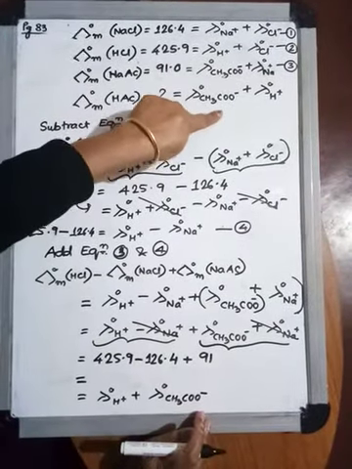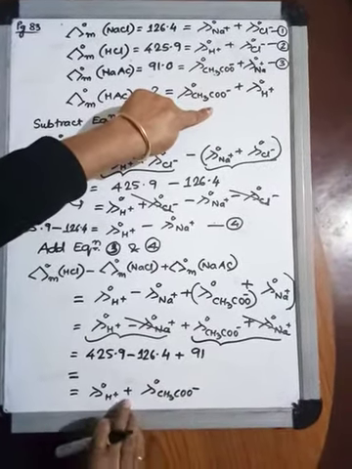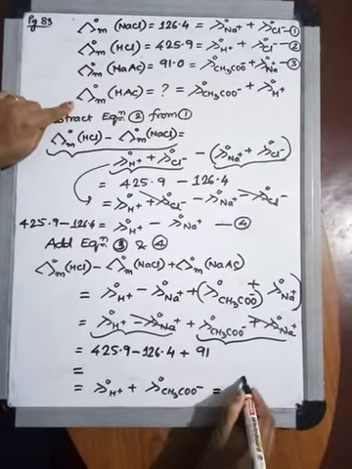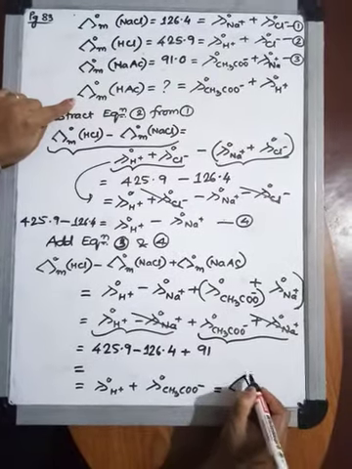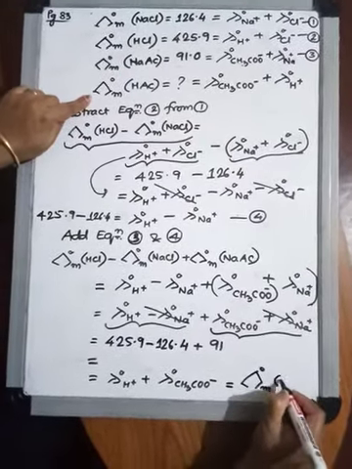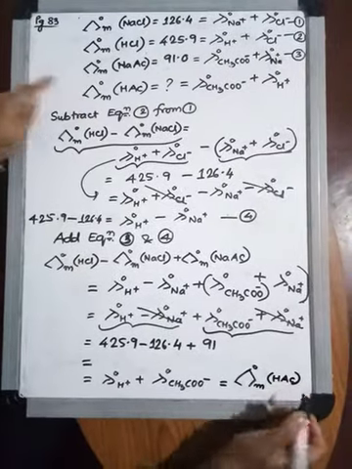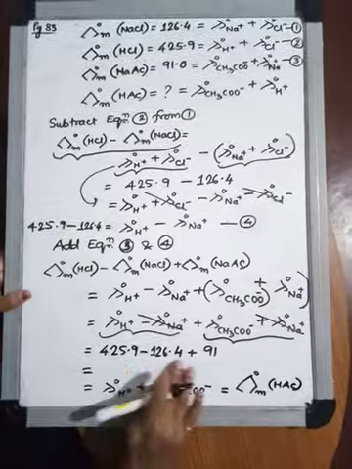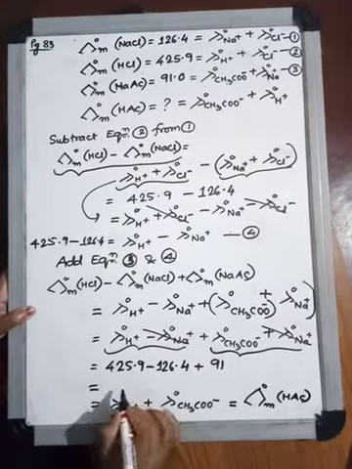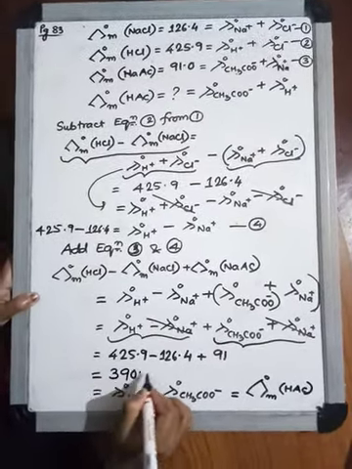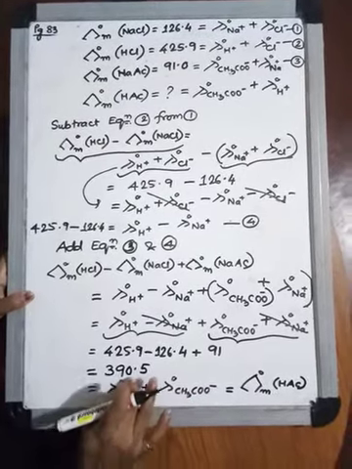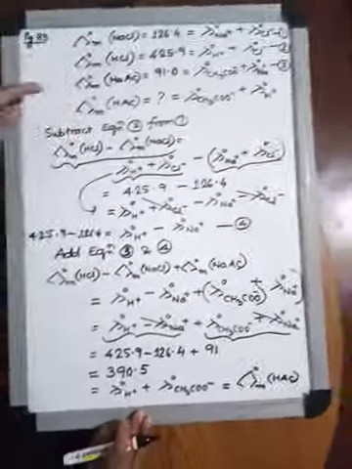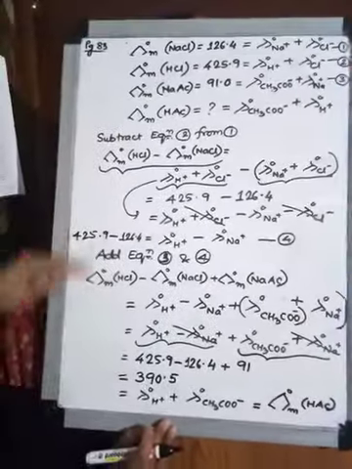So I think you can see lambda 0 H plus lambda 0 CH3COO minus is nothing but the capital lambda 0 M of HAC. So this is what has been asked for us to find out. So if we calculate this value, we will get 390.5. So this is the answer. So this is how you will apply the Kohlrausch's law to do the sum.